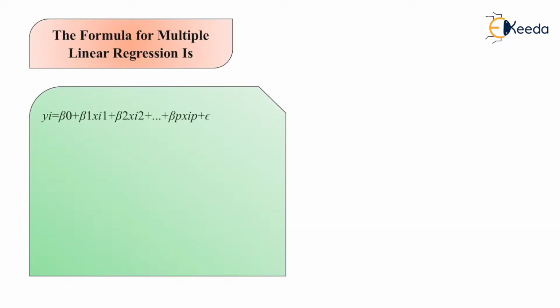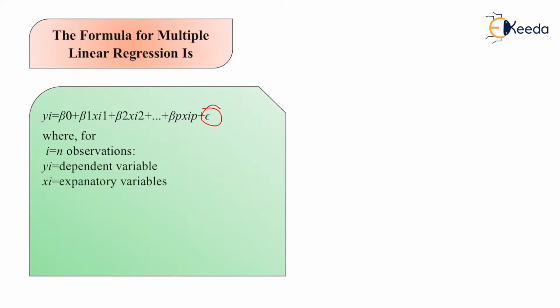The formula for multiple linear regression is: predicted variable y is equal to beta 0 plus beta 1 into x1 plus beta 2 into x2 and so on, plus epsilon, where i is an observation, y of i is the dependent variable, x of i is the explanatory variable, and beta 0 is your y-intercept, which is a constant term, right?